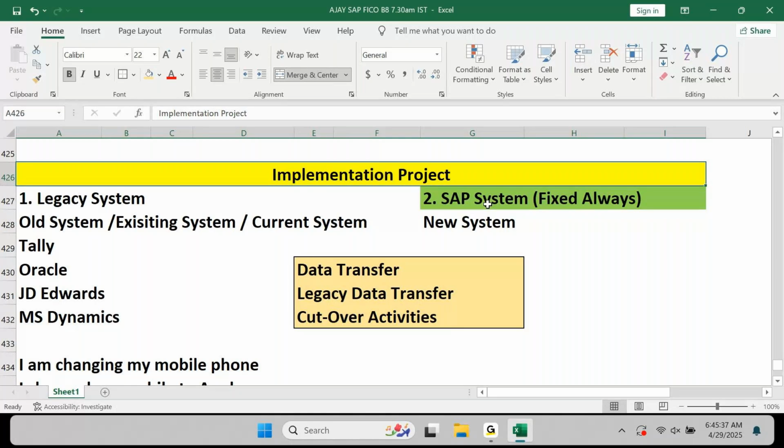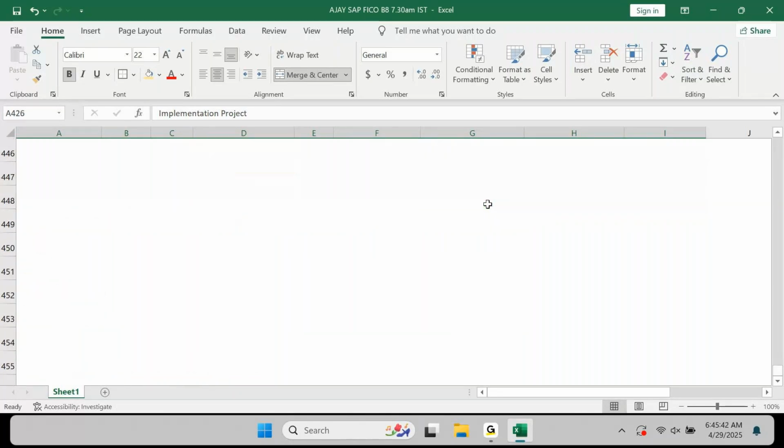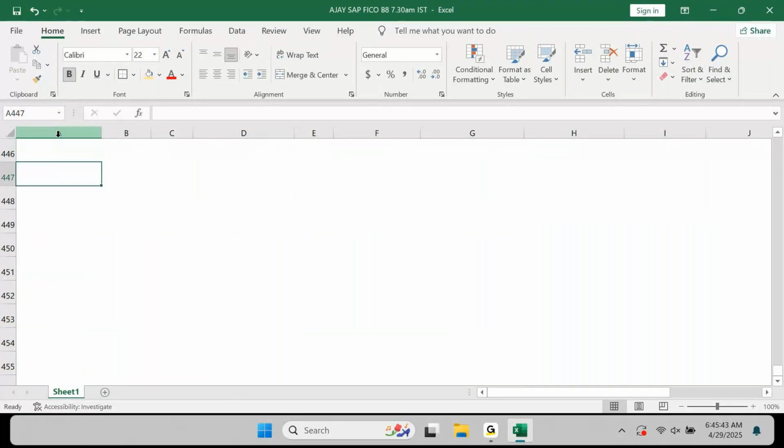Correct. Now, initially, we were talking about something called data flow in SAP FICO. How many points we listed here? First one is what? Six points.